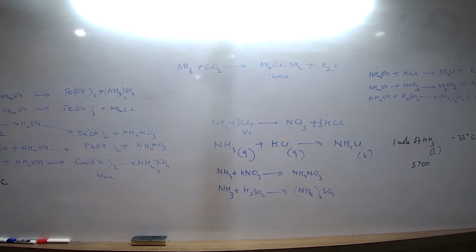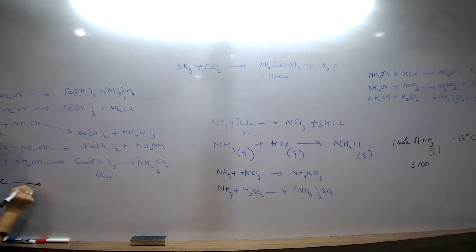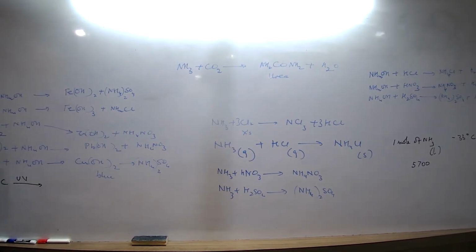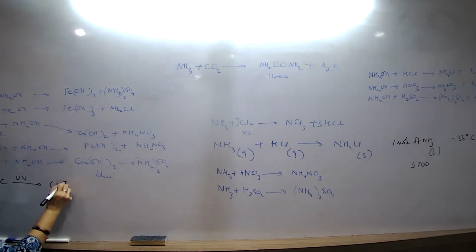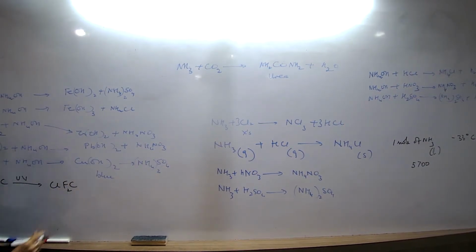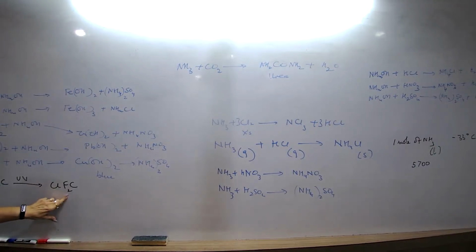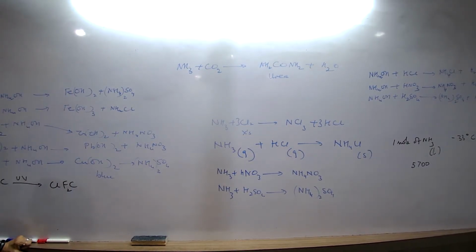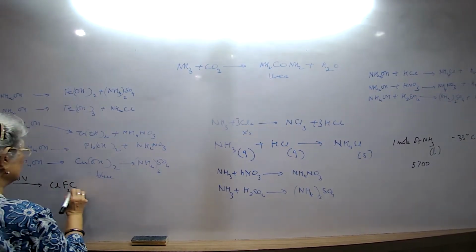Now what happens is this chlorofluorocarbon, in the presence of ultraviolet rays of the sun, breaks up into chlorine and monochlorofluorocarbon.